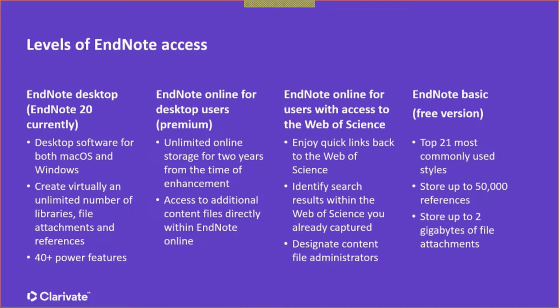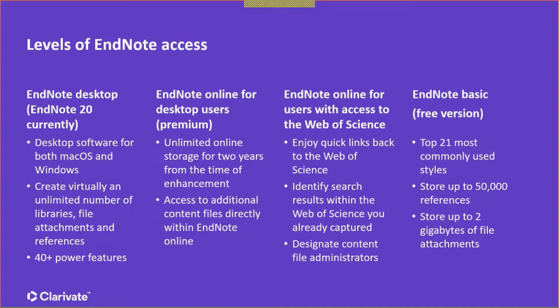If you're an EndNote Online user with access to the Web of Science and you've used the same credentials for your EndNote Online account as you've defined for your Web of Science account, you'll have some additional links within your EndNote Online library so that you can quickly get back to a source record in the Web of Science to review that piece of literature within the Web of Science platform or the Web of Science environment.